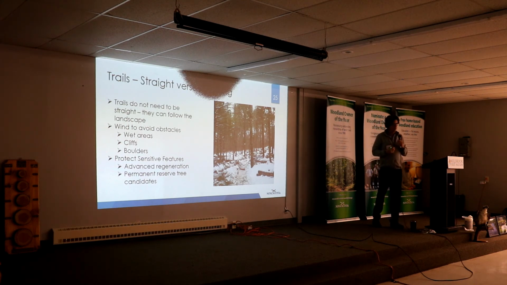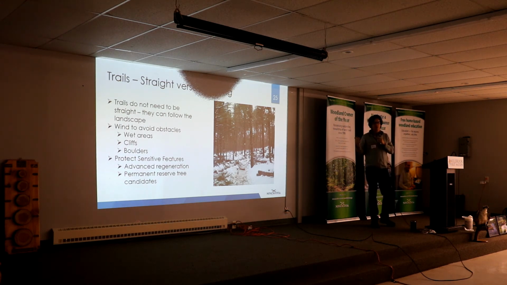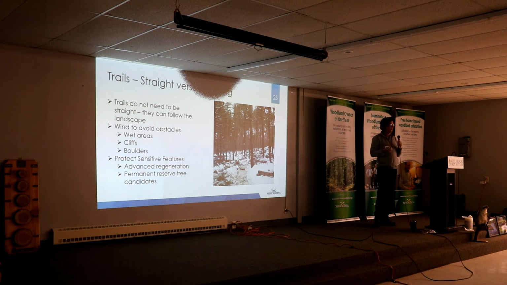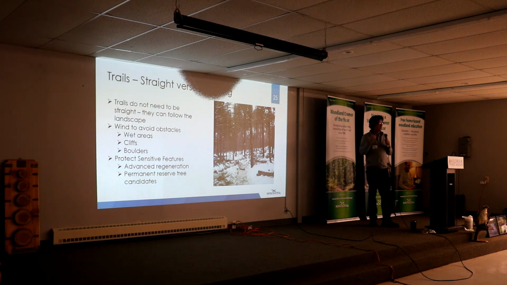And one of the key pieces of this silvicultural treatment, and as one of the figureheads for ecological forestry implementation, is that it's irregular, right? And so, for example, the trails aren't all just uniform stripes across the land base. They're irregular. They allow us to protect biodiversity features as we go through the stand, and to protect advanced regeneration, but also to reflect the ecology of the woodlands that you're in.